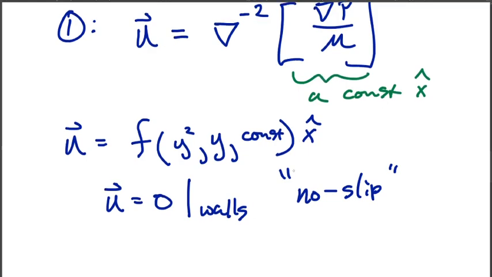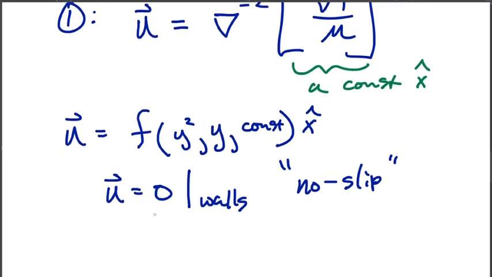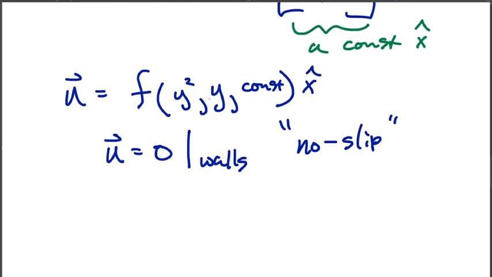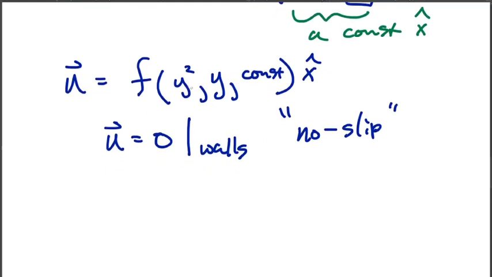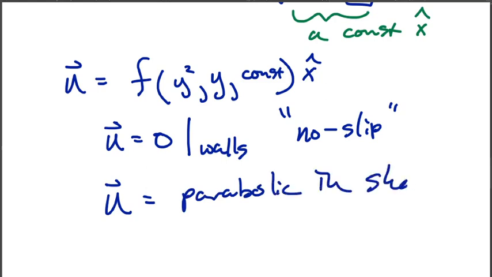And that gives us very quickly the coefficients in front of y and y squared and constants, and we get that u is parabolic in shape and 0 at the walls.